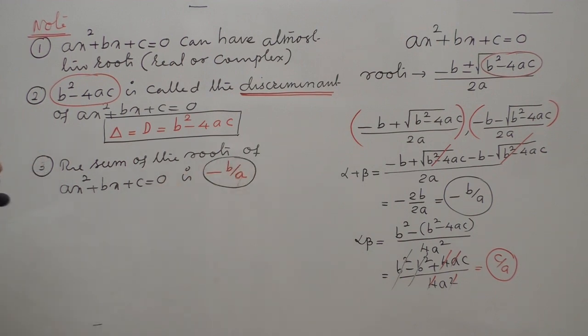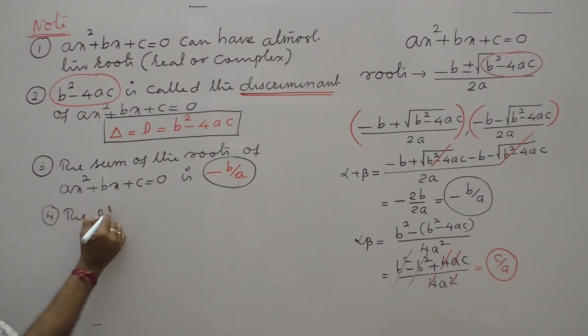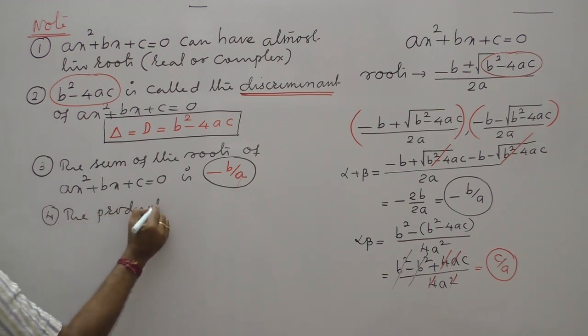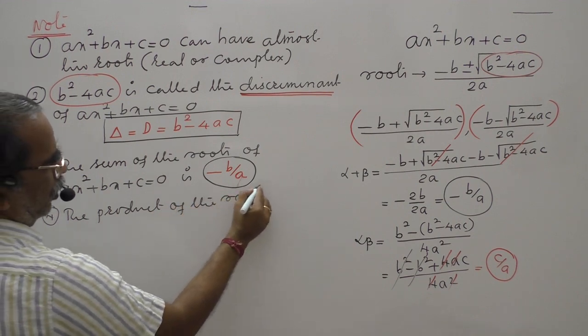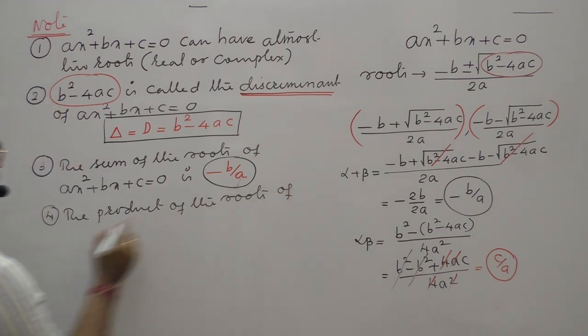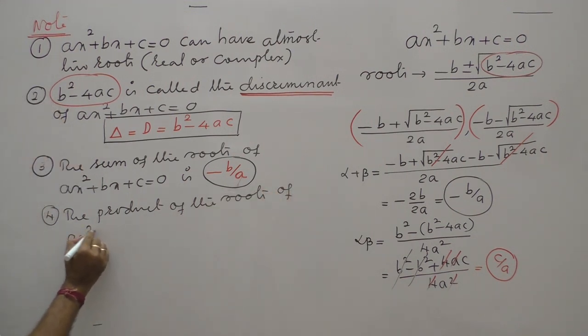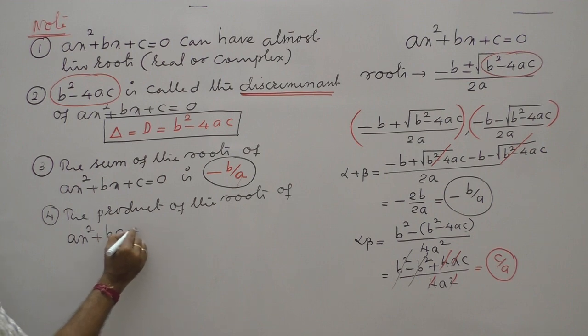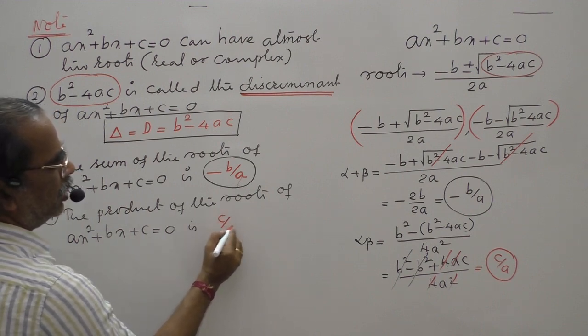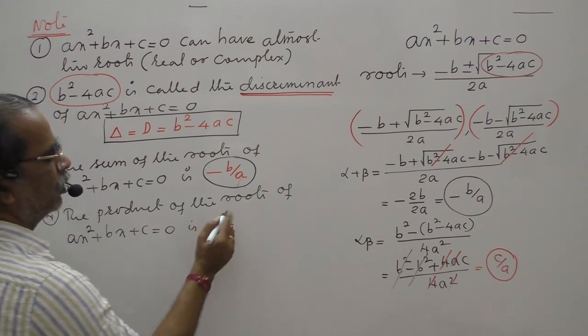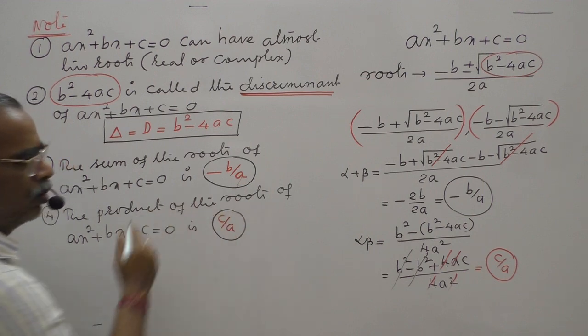This is the sum of the roots. Next is another note we will take, the product of the roots. The product of the roots of the quadratic equation ax square plus bx plus c is equal to 0 is c by a. So that is the sum of the roots and product of the roots.